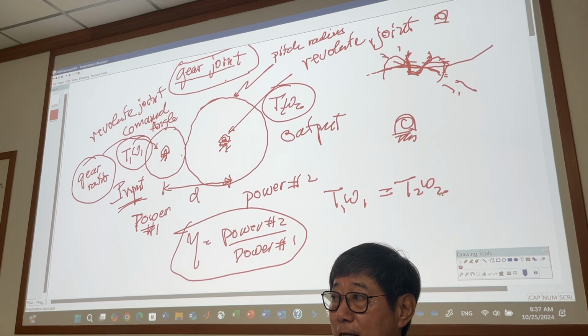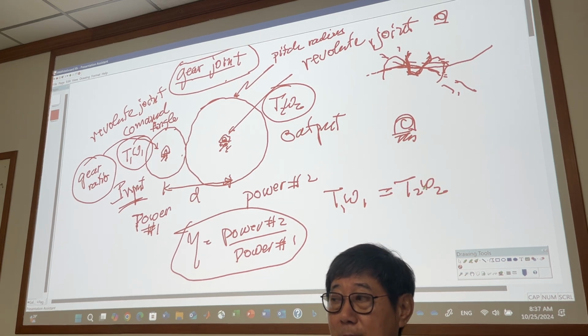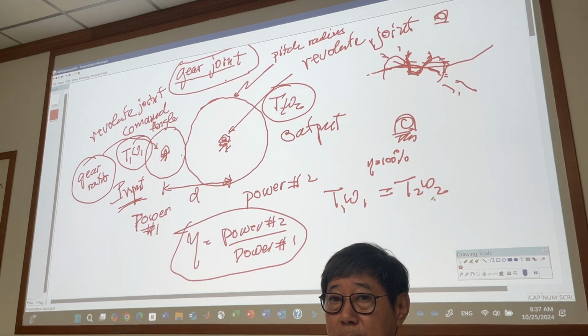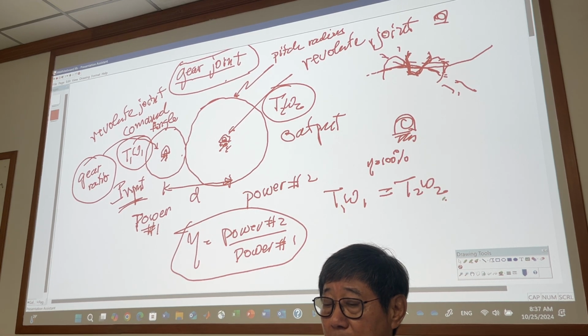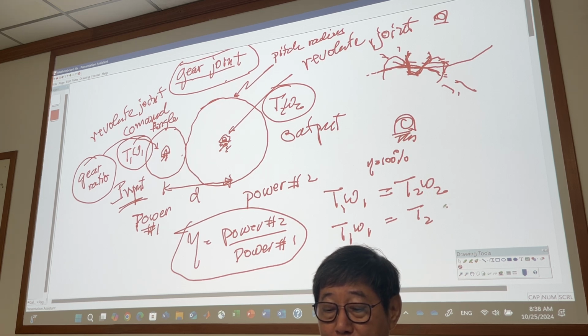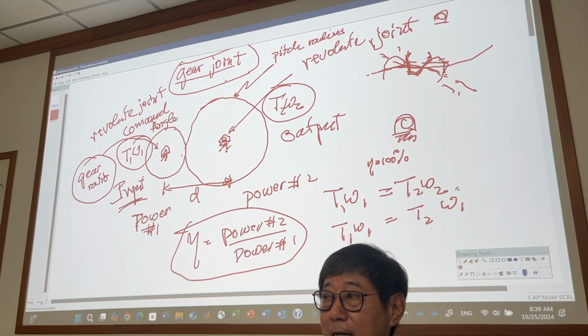If efficiency is 100%, you have this. So look at this: if I reduce speed, omega 2 equals omega 1 divided by n.